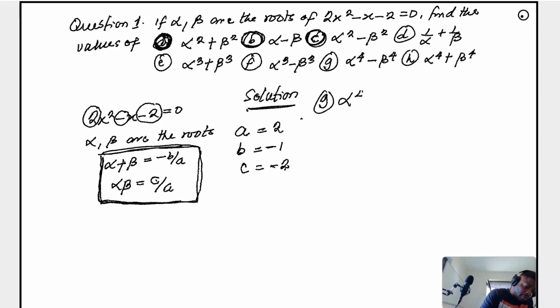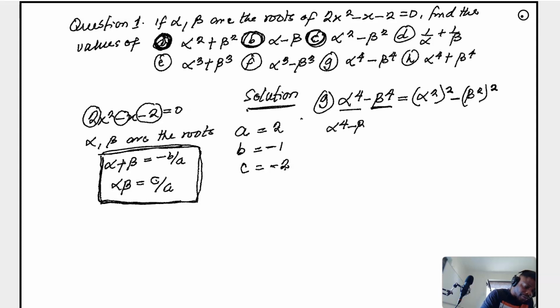Now let's take question G. G, alpha raised by 4 minus beta raised by 4. I can write this one as alpha squared, all squared. This is still alpha raised by 4. And the same thing here, all squared. This is the same thing as beta raised by 4. Now, this is now difference of two squares.